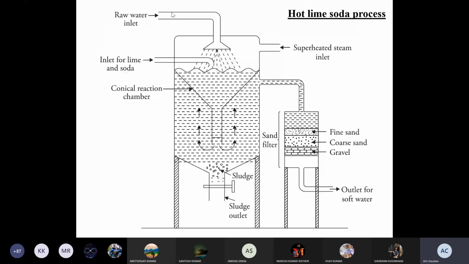Then as the temperature is high, the reaction will be very fast. There is no need for any shaft and paddle, and the sludge will form, and a sludge outlet is there for its outflow. From there, the water flows into the sand filters box, and you will be able to get soft water out of that outlet. Okay, so this is the whole working of the hot lime soda process.